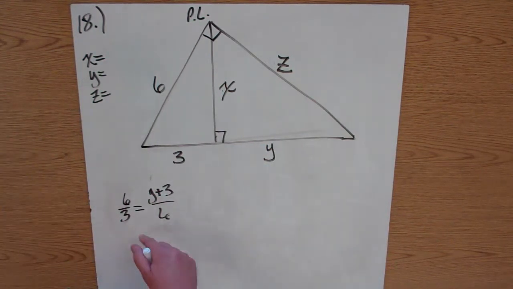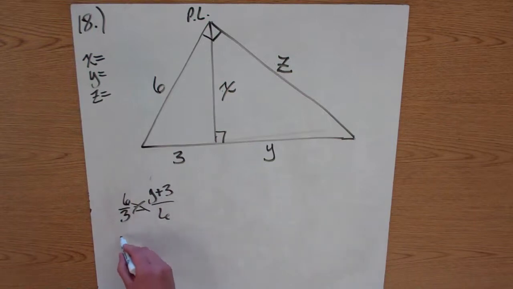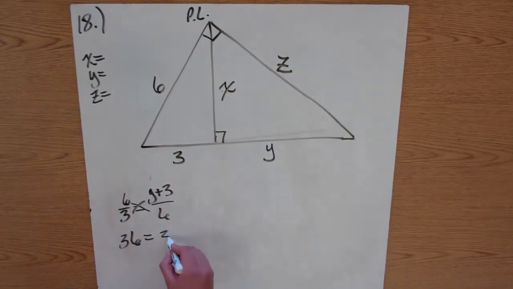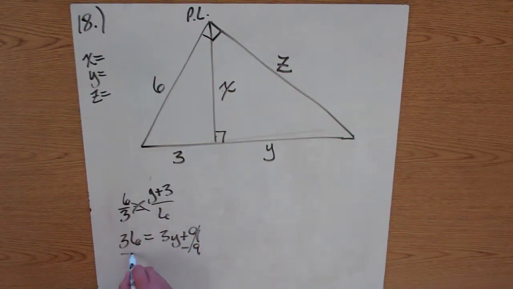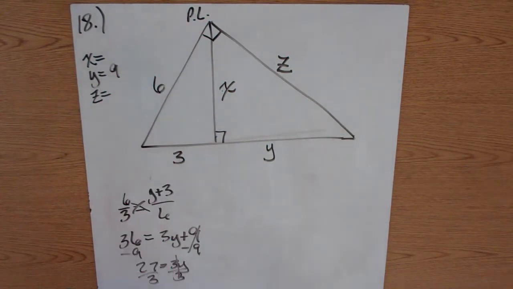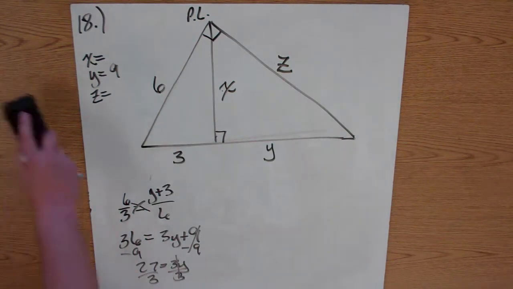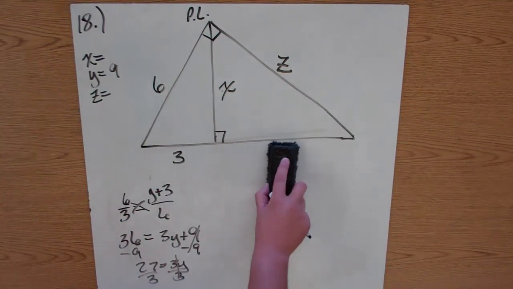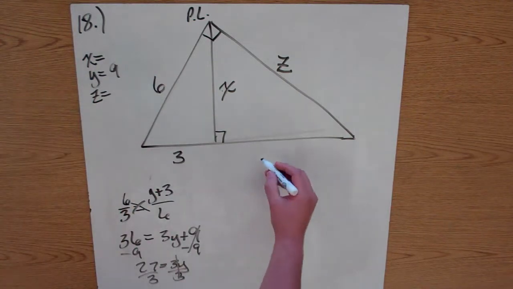Okay, so now you just simply cross multiply. 36 equals 3y plus 9. Subtract 9, subtract 9. 27 equals 3y, divide by 3. So y equals 9. So now I'm going to erase y and write in 9.